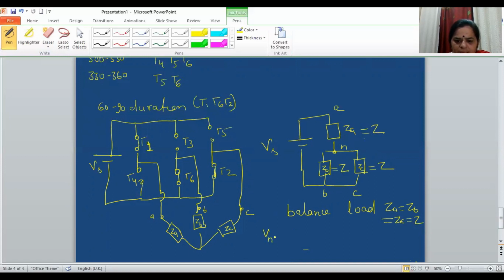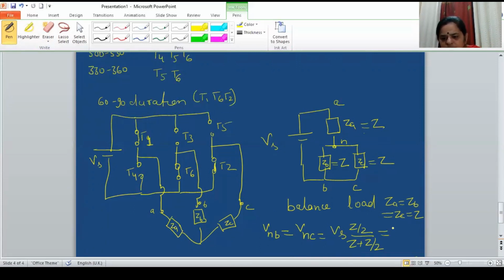So VBN is also equal to VCN. That will be equal to Vs, and if I solve it, I will get Vs by 3. And VBN is equal to VCN, that is minus Vs by 3. Similarly, if I calculate VAN, that is Vs upon Z by 2, so what I am going to get is 2 Vs by 3.